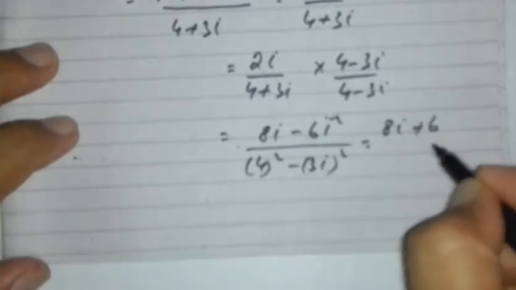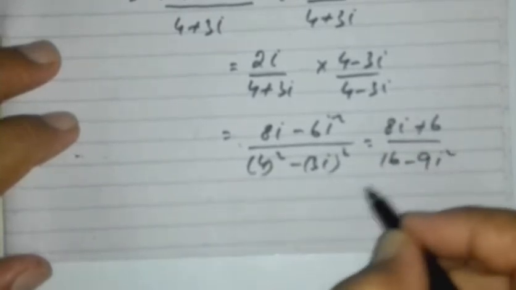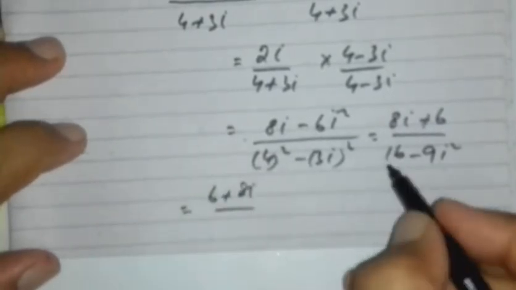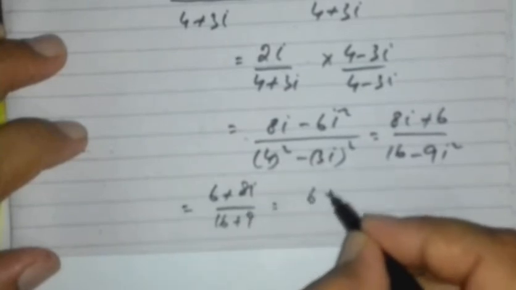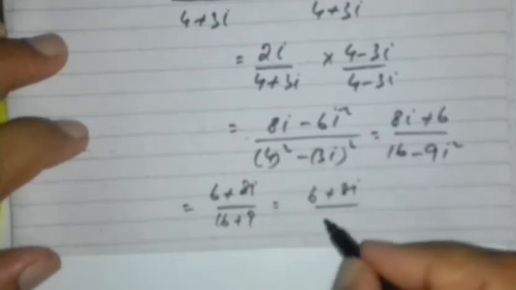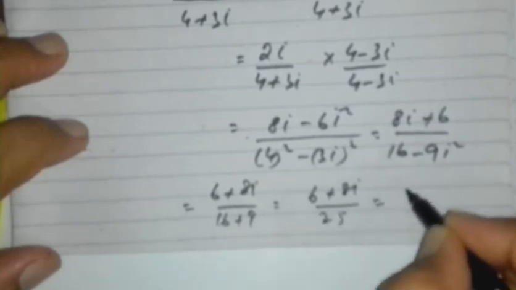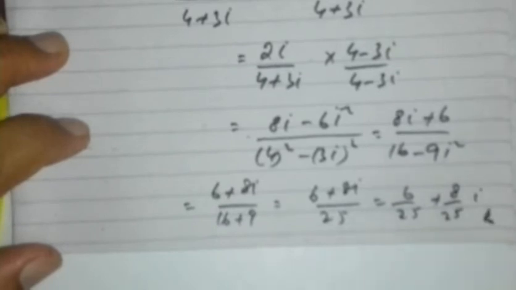So 8 iota, and iota square value is minus 1, so minus into minus we get plus 6, divided by 16 minus 9 iota square. Further we can write it as 6 plus 8 iota divided by 16, iota square value is minus 1, so minus into minus plus, 16 plus 9. So here we can write 6 plus 8 iota divided by 25. 6 by 25 plus 8 by 25 iota is the answer.